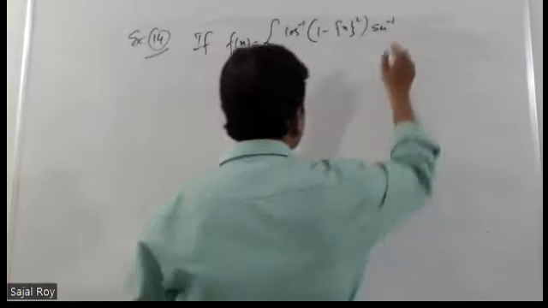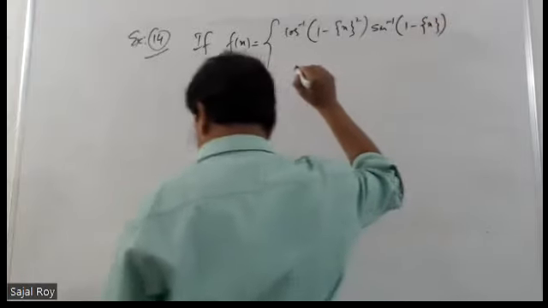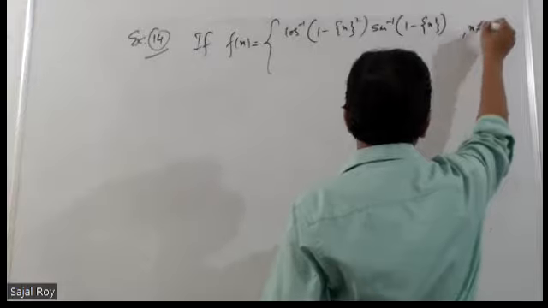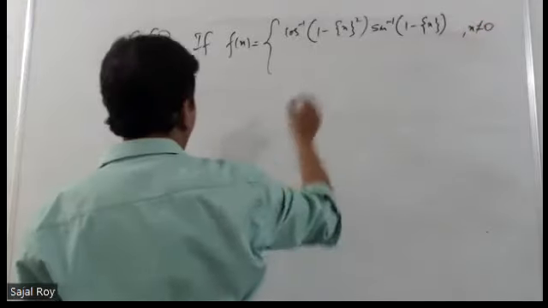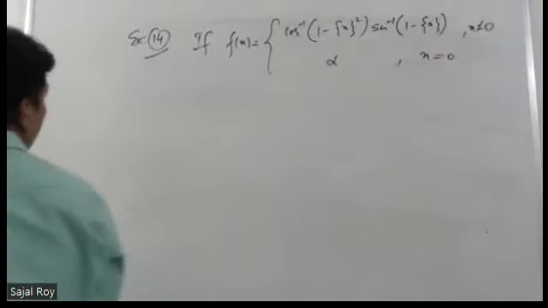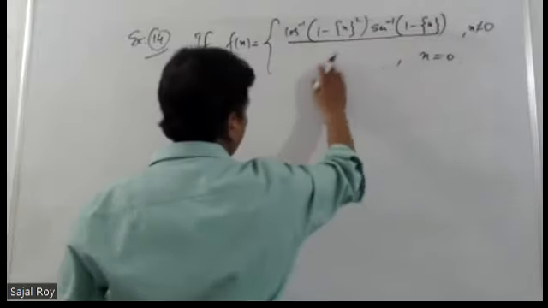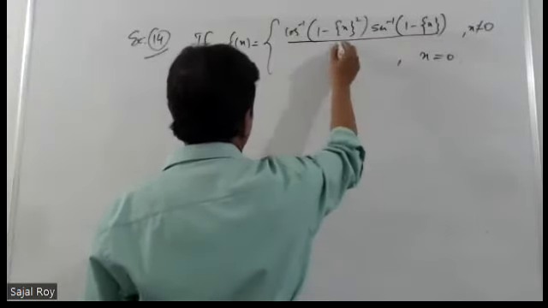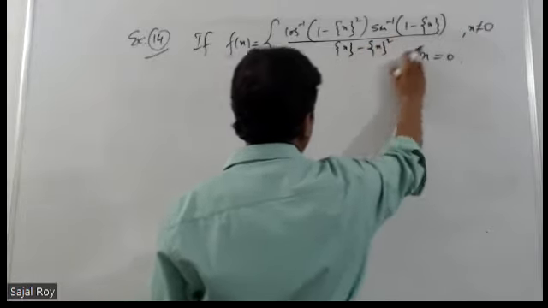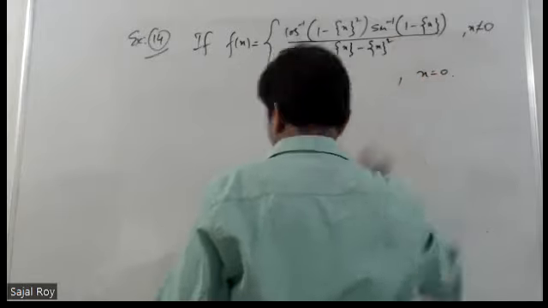So sin inverse of 1 minus fractional part of x, for x not equal to 0, divided by fractional part of x minus fractional part of x whole square, and this is alpha if x equal to 0.